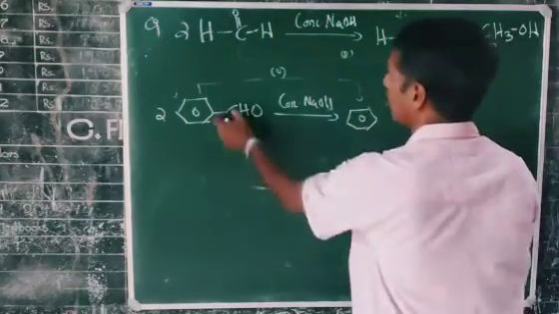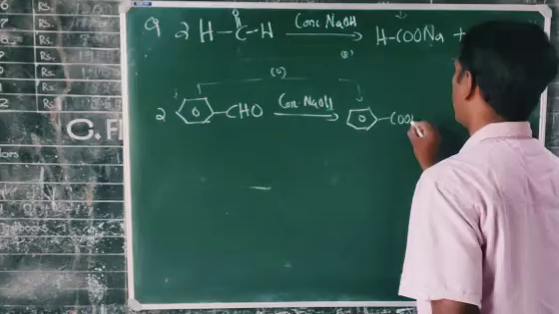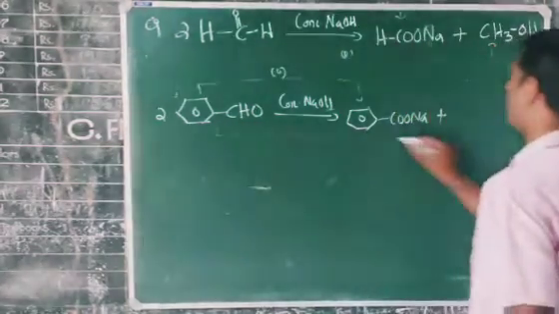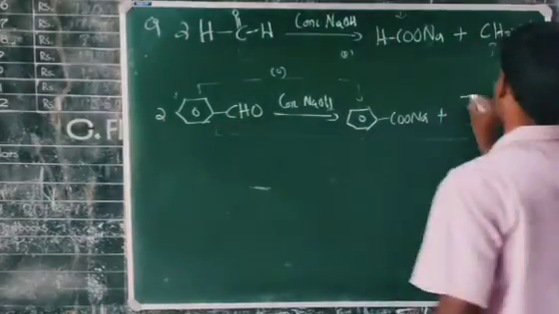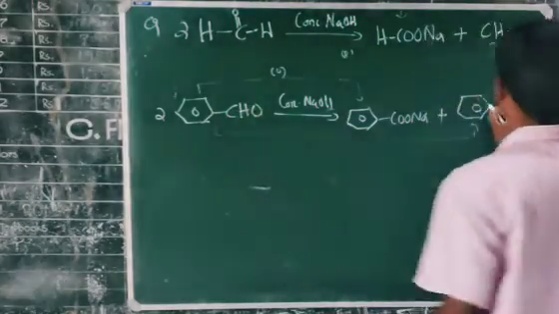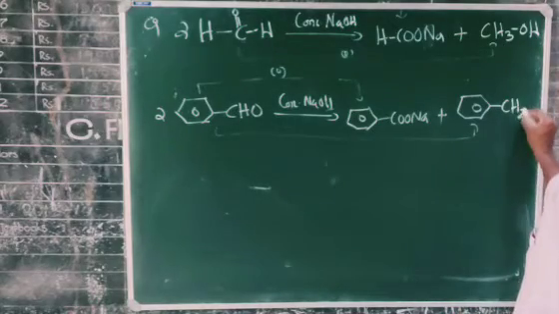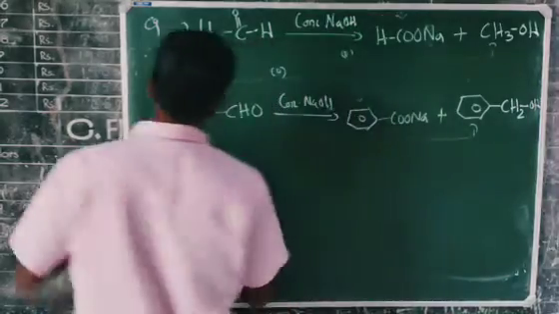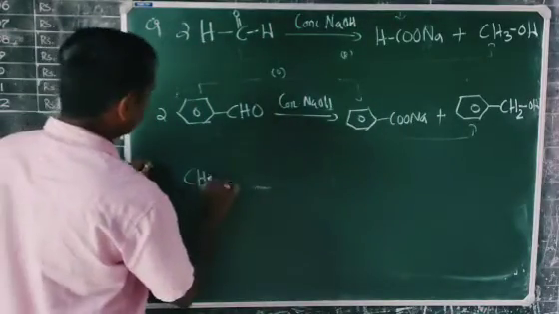The CHO group will be changed to COONa, plus one molecule is undergoing reduction. We get benzyl alcohol. The CHO group will be reduced to CH2OH.